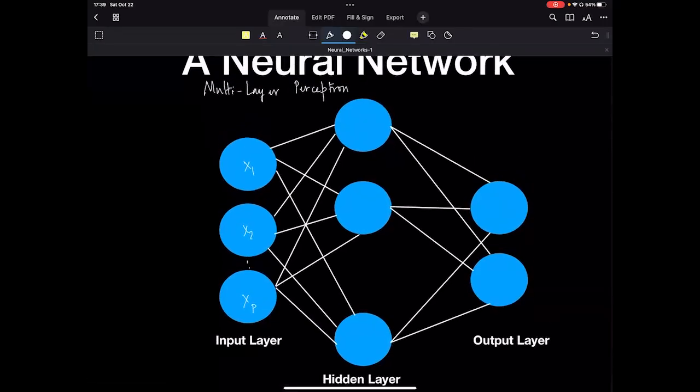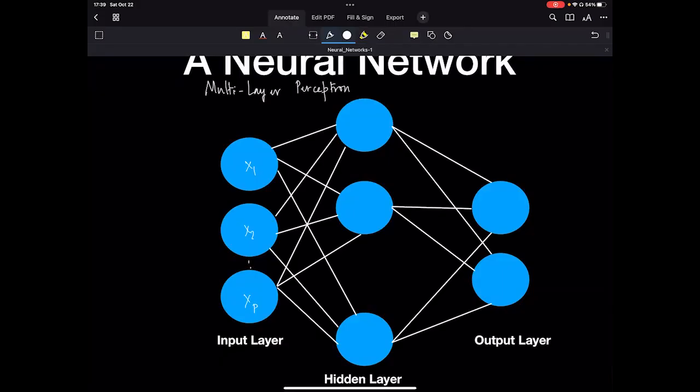Each of these is a neuron, usually denoted by Z, and this is our output. In our image labeling problem, we had k equal to 4. So this Z is our neuron.